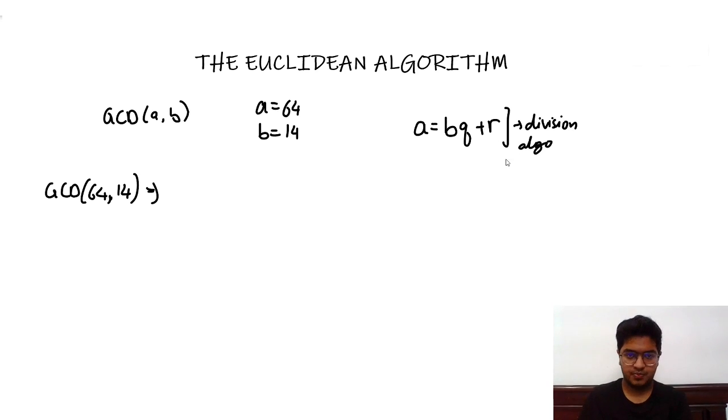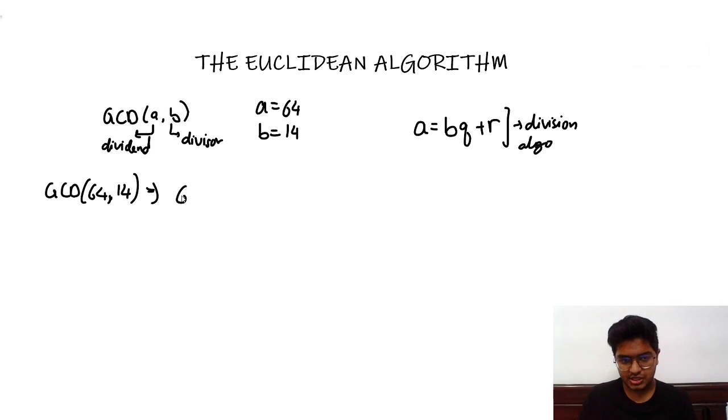Now how are we going to implement this in GCD? We will consider this A as the dividend and this B as the divisor. So over here we have our dividend as 64 and our divisor as 14.